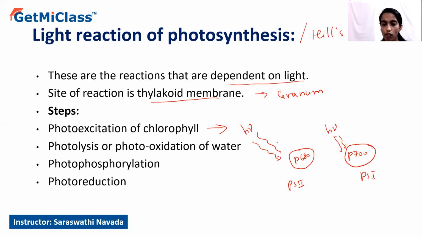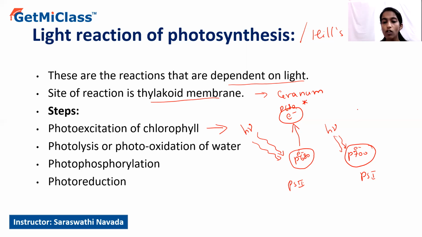The electrons present in this photosystem get excited to a higher energy state. This forms the high energy electron, which we can represent as P680*, indicating that it contains the excited electron of high energy.